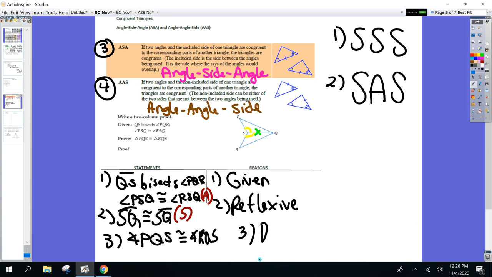Yes, that was in the Givens, definition of a bisector. Mark it on your diagram. Congruent. Getting a little messy, but congruent. And that gives me a second pair of full angles. So I have enough now.